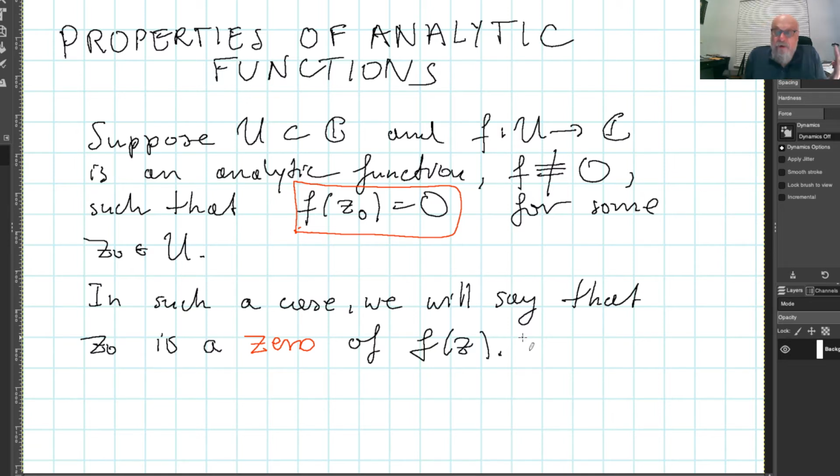So, now, of course, what does it mean? On the other hand, we have the power series expansion.